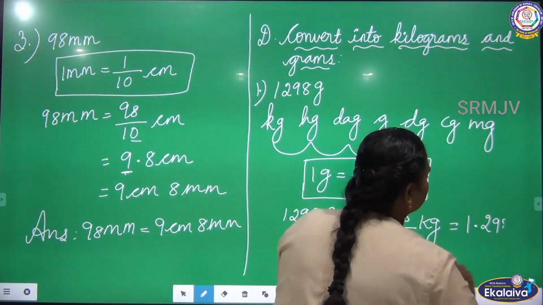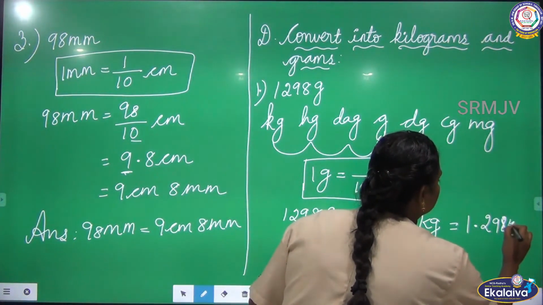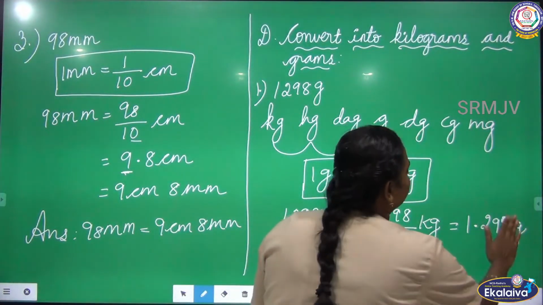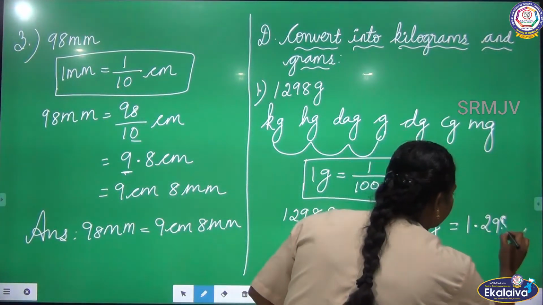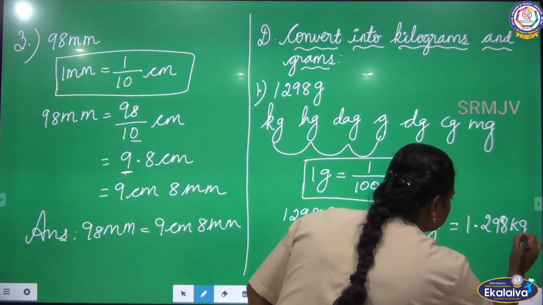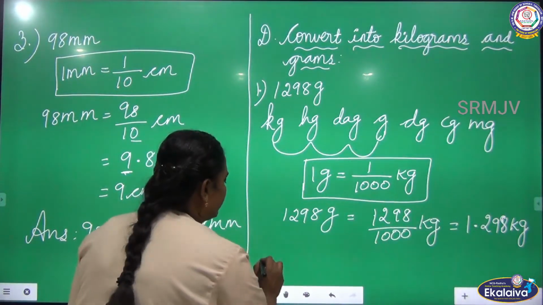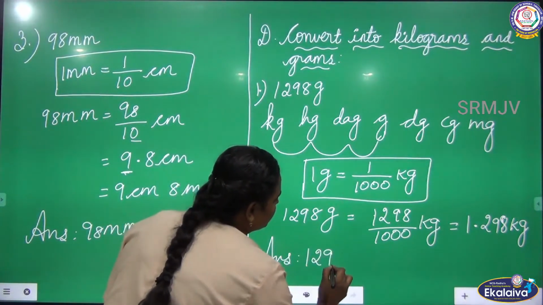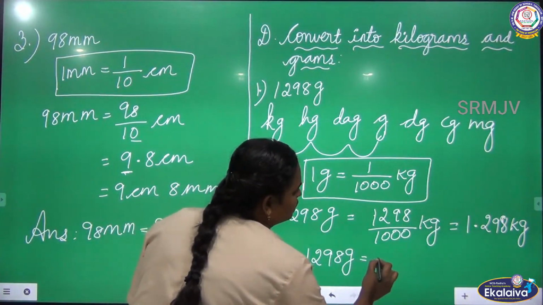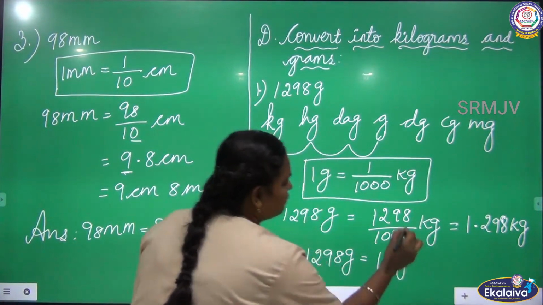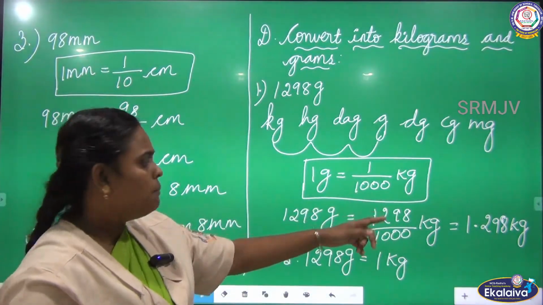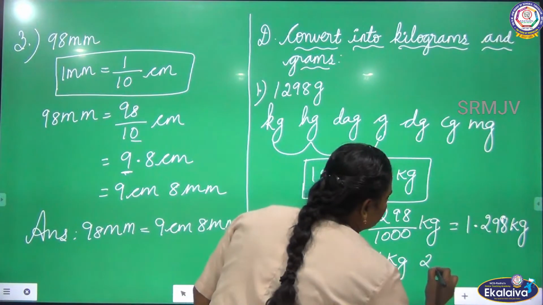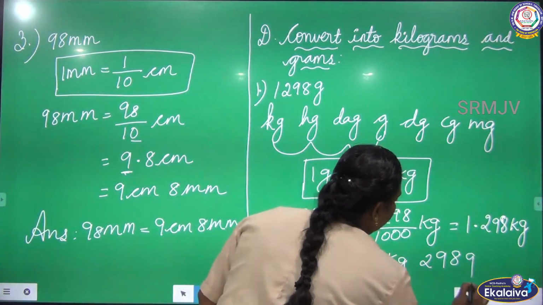So 1.298 kilogram is how many kilogram? How many grams, children? So this is 1 kilogram. So the answer, 1298 gram equal to, before the dot it is 1 kilogram and then 298 grams.